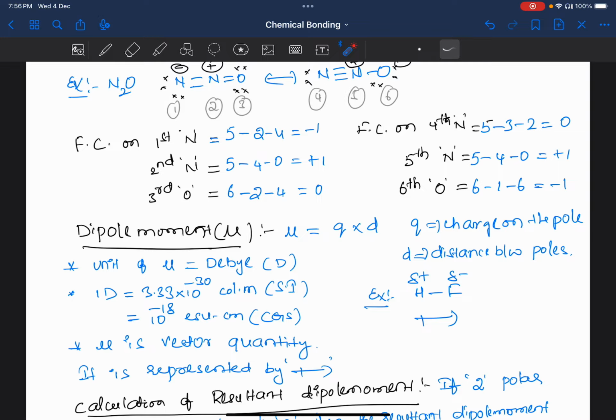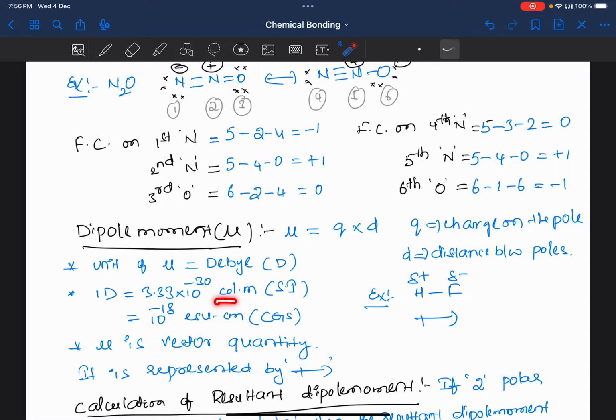So 1 debye is equal to 3.33 into 10 to the power minus 30 coulomb meter. Coulomb meter is the SI unit; debye is not the SI unit. And 1 debye is again equal to 10 to the power minus 18 ESU centimeter.